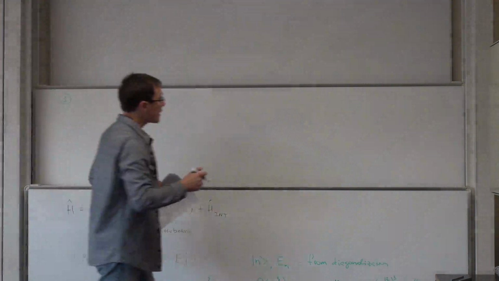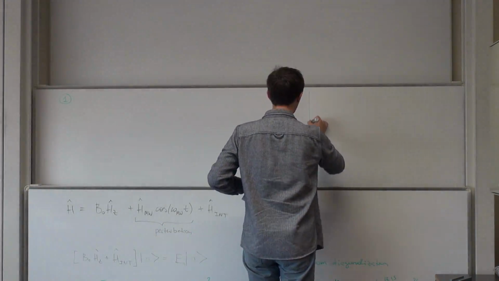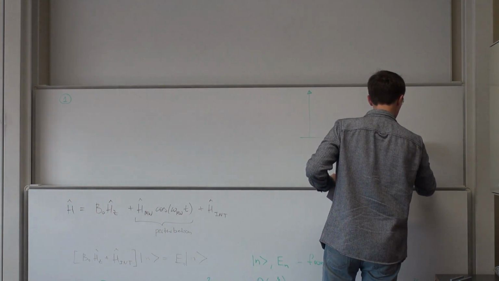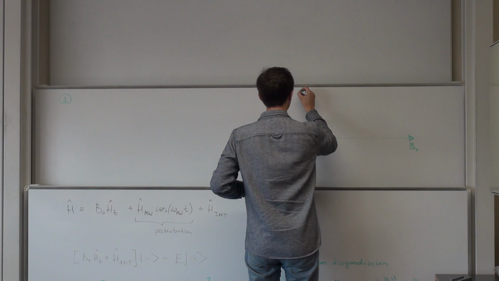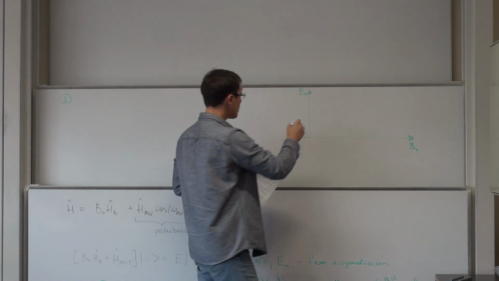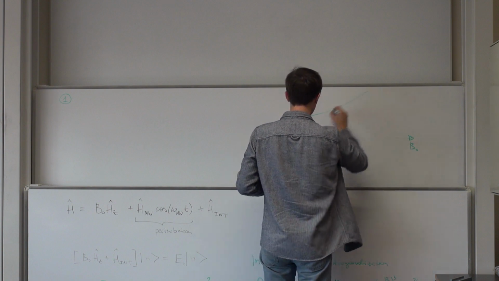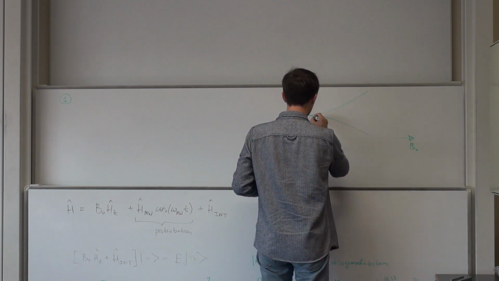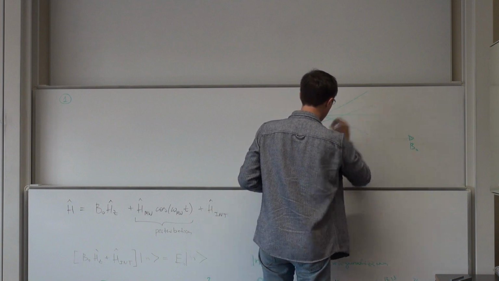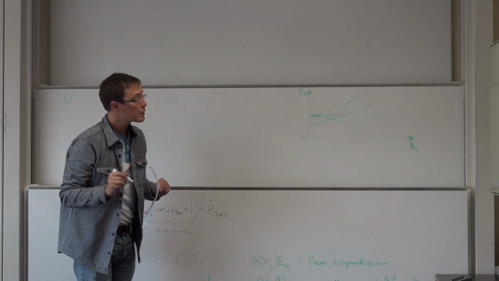One way of doing that is to generate what's called an adaptive grid in B0. So let's say this is B0, and these are our energy levels. As you know, they will split around and behave in various strange ways. There will be some crossings, anti-crossings and avoided crossings.